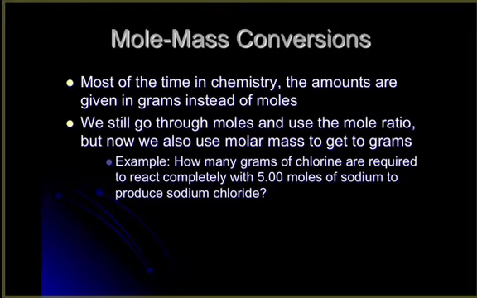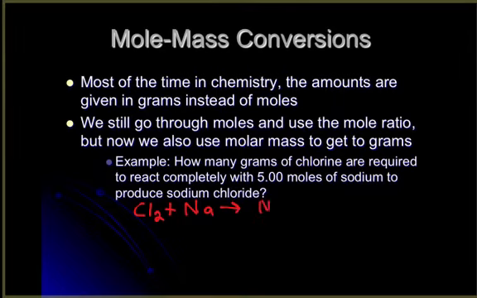Much like with anything else, the first thing you need to do is to write a balanced chemical equation. So we look at the problem here. It's asking for chlorine, and we are reacting chlorine, which is again Cl2, with sodium. And it's telling us that we are producing sodium oxide.